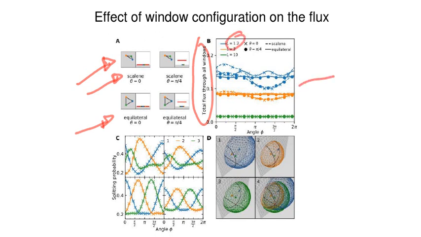And again, you can see here for different distances that we have a very good agreement between the simulation and the theory. And this is here the splitting probability, so that the sum is equal to 1. And we see for each of the windows, which correspond here to the different colors, how the splitting probability changes.